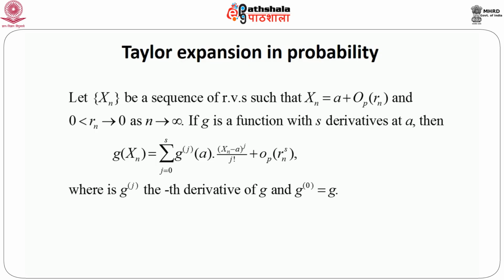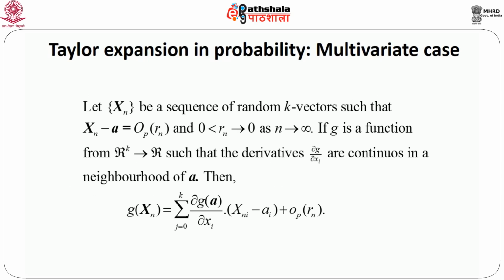A natural extension of this Taylor expansion in probability is to multivariate random vectors.